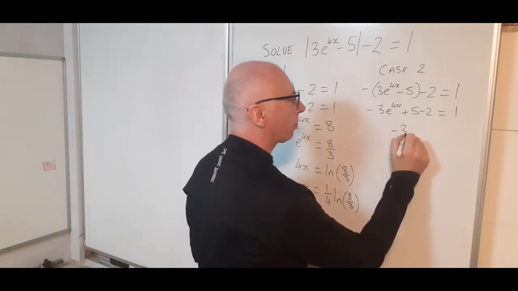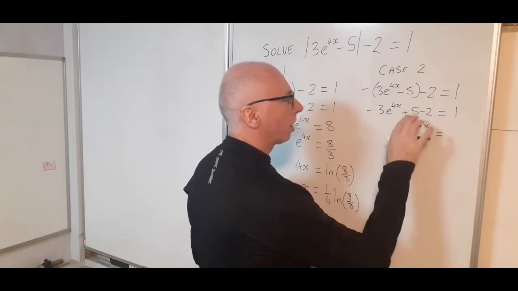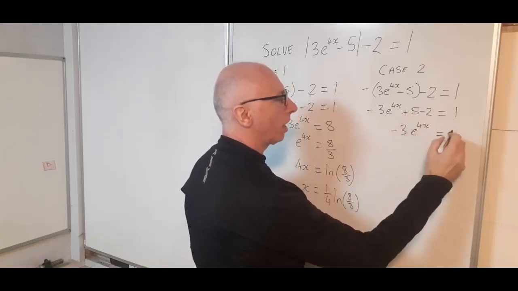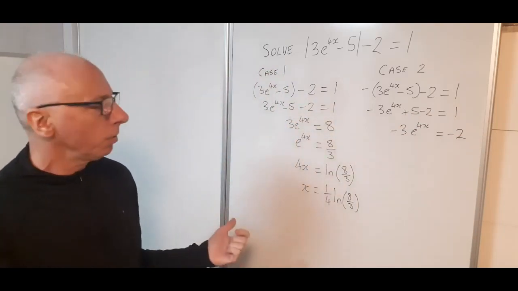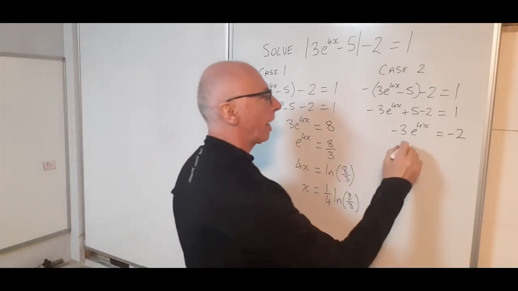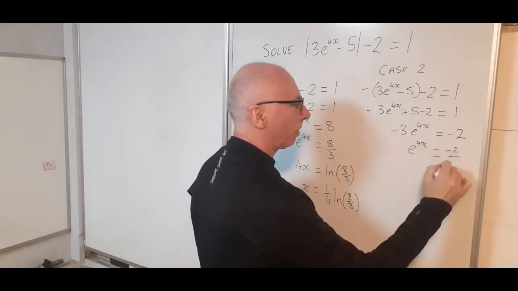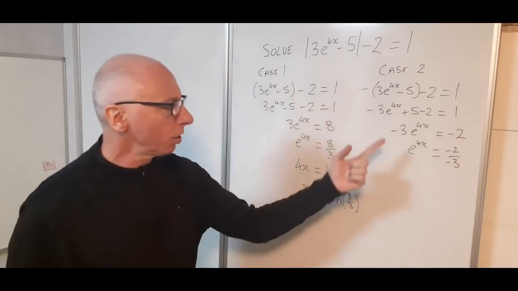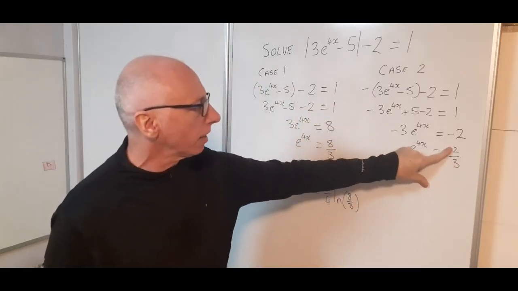So I've got minus 3e to the 4x equals, well, if that's 3, subtract 3, I've then got minus 2. Okay, now let's divide both sides by minus 3. So now I've got e to the 4x equals minus 2 over minus 3. Well, the 2 minuses will cancel out, so that takes care of that.